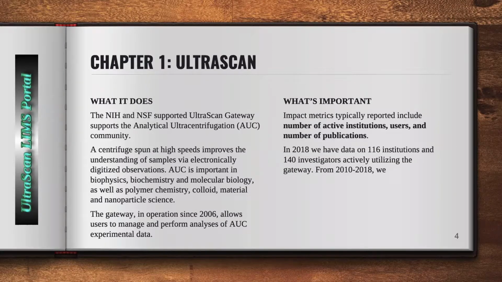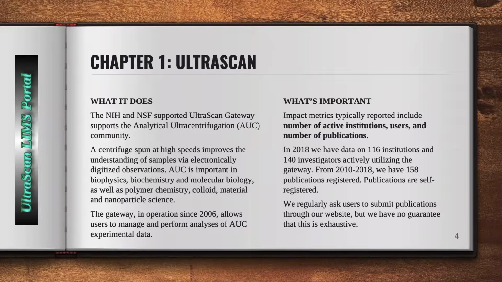And what's important to them, you start with the very basic metrics. How many users do you have? What institutions are they from? What publications result? Here you think about the difference between asking users to submit publications and being proactive and going out and scouring Google Scholar, and you'll see gateways that have different approaches to that going forward.